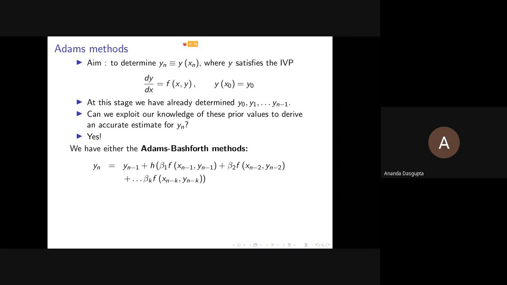When we use RK4, we estimated the slope between tn minus 1 and tn by finding the slope at 4 different places inside the interval, right? And of course, since I did not know the values of y inside the interval, I had to estimate the values of y inside by using previous slopes that you had calculated. That's why you had these P, Q, R, S, 4 slopes and you average them.